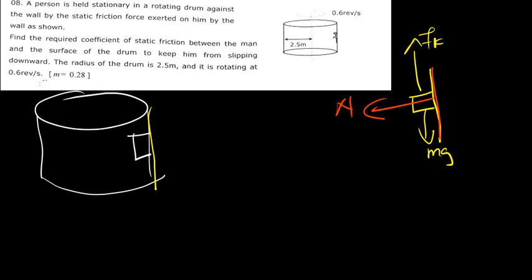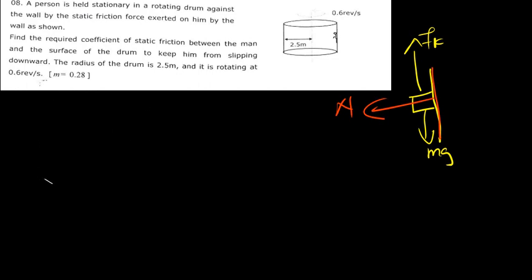I want you to understand that this object is just moving in the x direction. In the y direction, the summation of all the forces should give me 0. So I've got Fk pointing upward minus mg pointing downward in the y direction. The net force is 0 since it is not moving in the y direction.